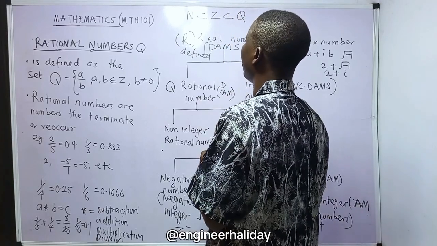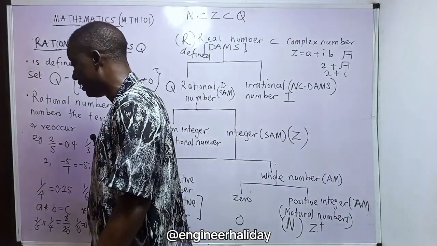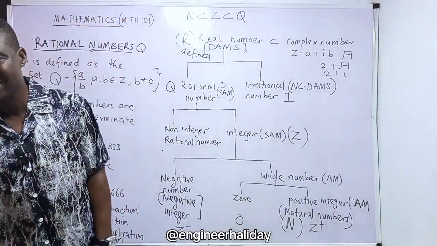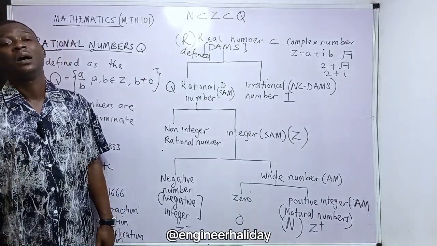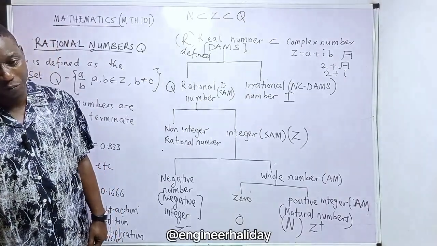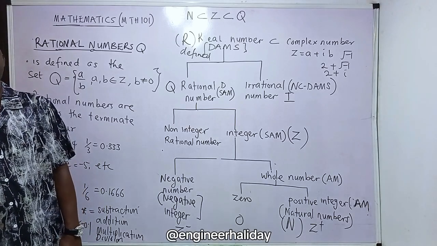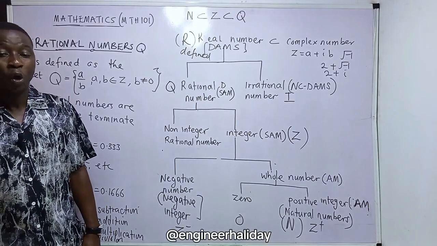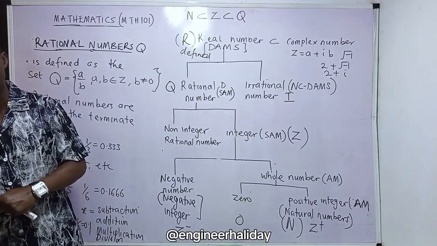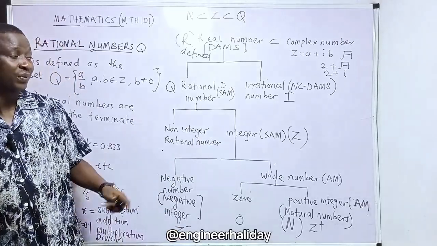All integers are rational numbers, but not all rational numbers are integers. All natural numbers are rational numbers, but not all rational numbers are natural numbers.